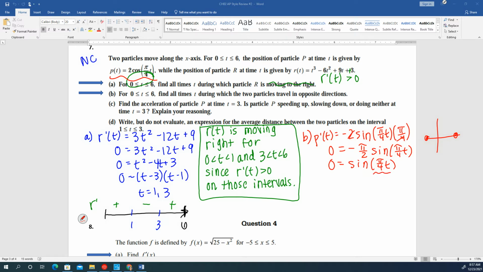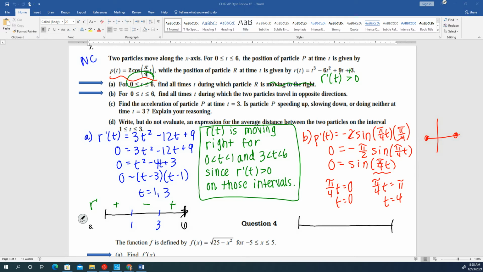So I would set this equal to 0 when that angle is 0, and pi when that angle is pi. I don't know how you guys were taught to solve trig equations. This is how I would solve it. So that'd be at 0. Divide both sides by pi over 4. That'd be at 4 seconds. Or times by 4 over pi, whatever you need to do. So that's when particle P is at rest.